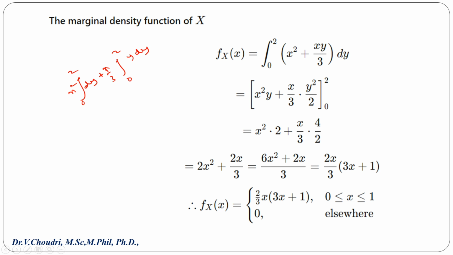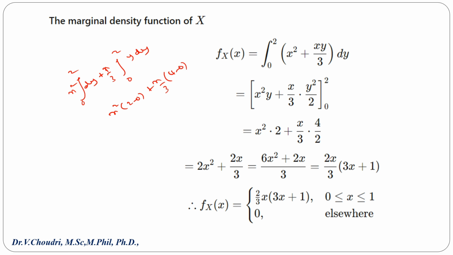Integral dy answer is y, and the integral of y is y square by 2. Apply the upper limit and lower limit. Replacing every term: x square into 2 minus 0, plus x by 3 into y square, 4 minus 0 by 2. So the answer is 2x square plus x by 3 into 4 by 2.